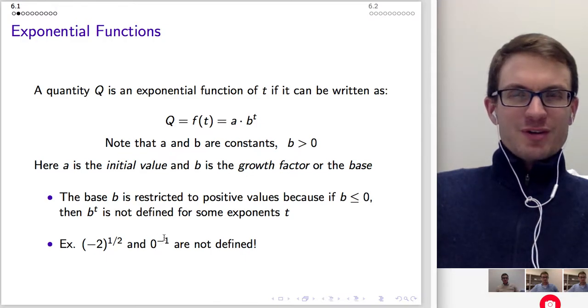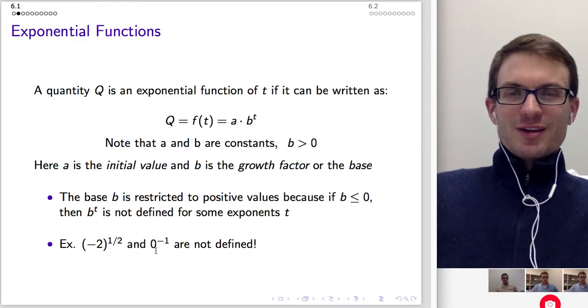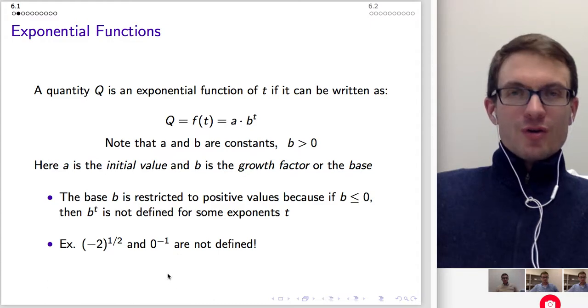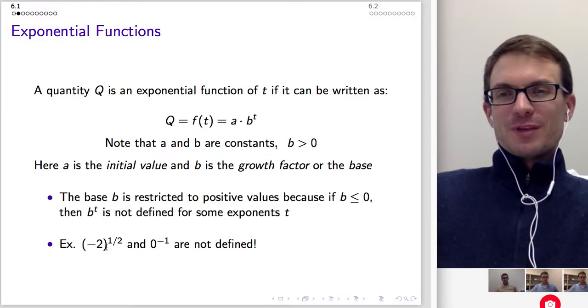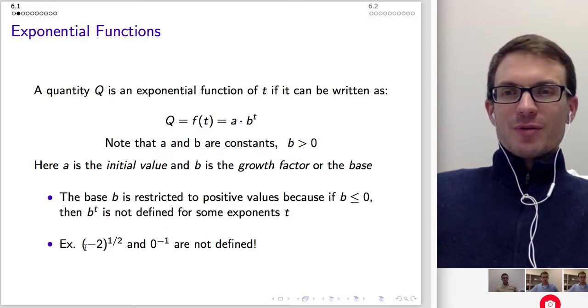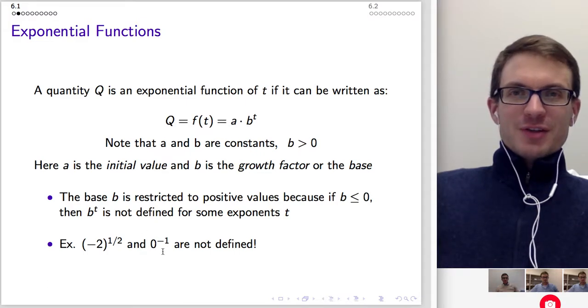Also, what's the problem here? 0 to the minus 1. Well, this negative exponent means we move this value into the denominator and change the exponent to be positive. So this is 1 over 0 to the 1, right? That's a problem because you can't have 1 over 0. So this is the square root of a negative number problem, and this is the divide by 0 problem.